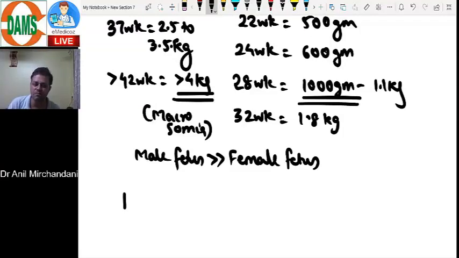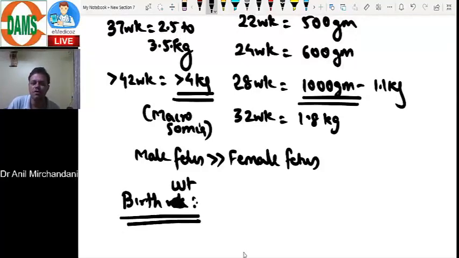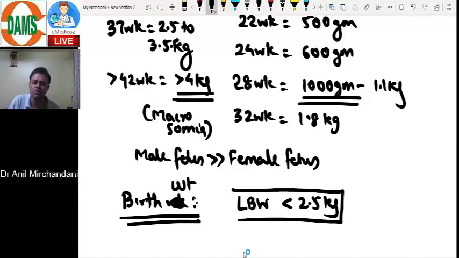Now, if baby is born with birth weight of less than 2.5 kg, then baby is labeled as low birth weight, LBW.